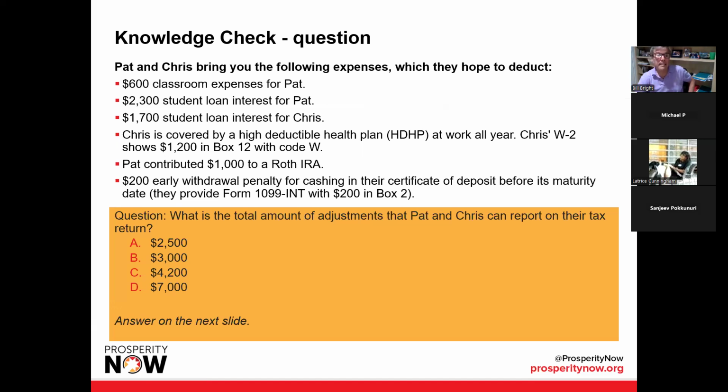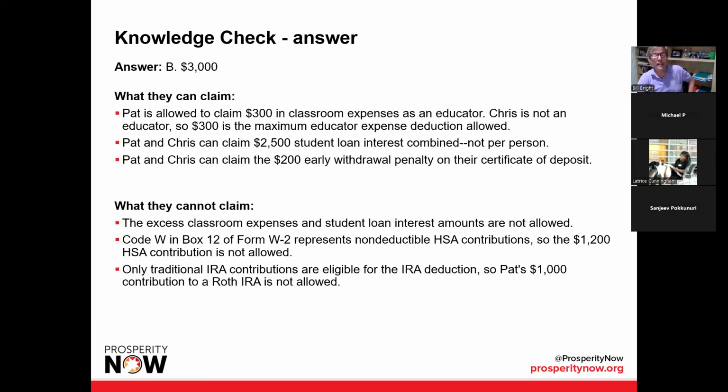So when we go to the next slide, we'll see a little more clearly that the answer is $3,000. The reason is only $300 can be claimed as classroom expenses. The student loan interest, remember, is per tax return, not per person. So together, they can only take $2,500.